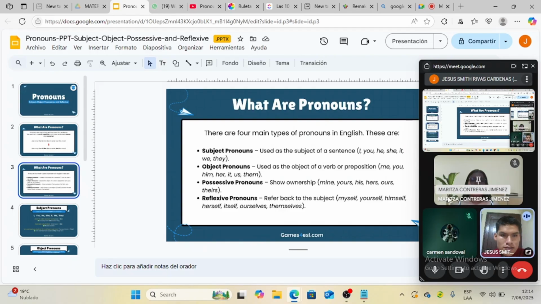For this, I want you to know that these subject pronouns are used before a verb. So these are the subjects which perform an action.